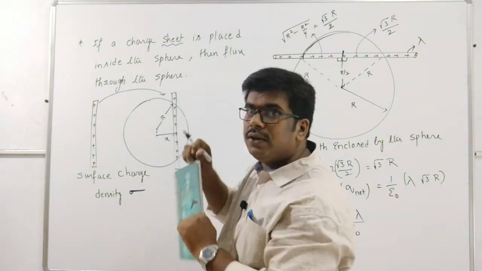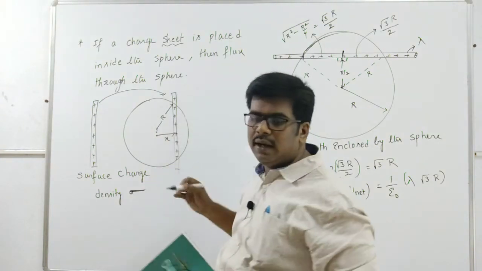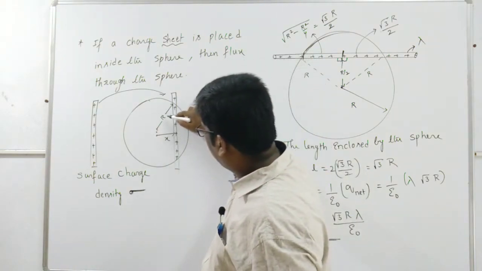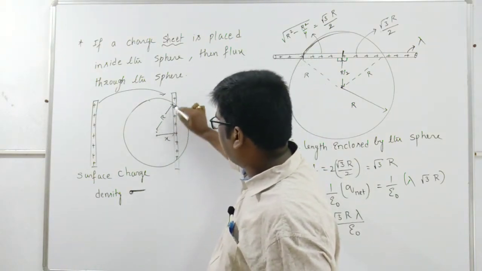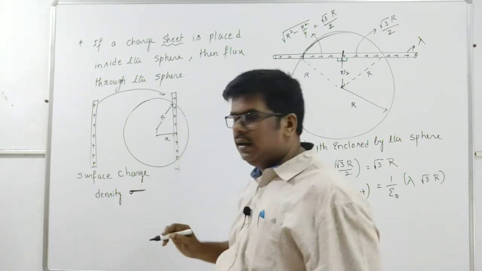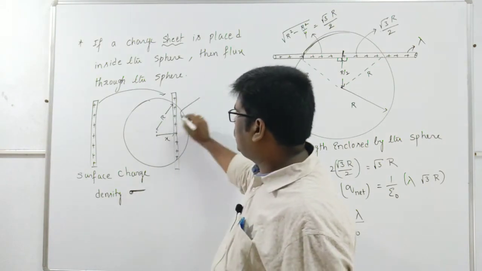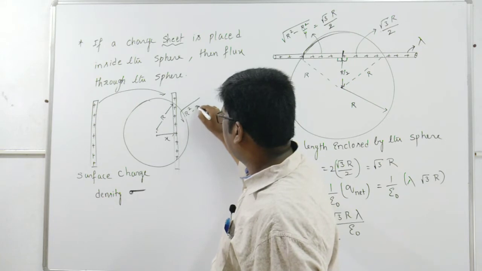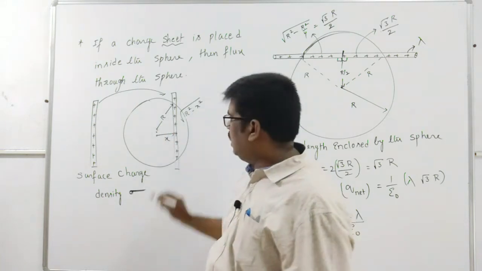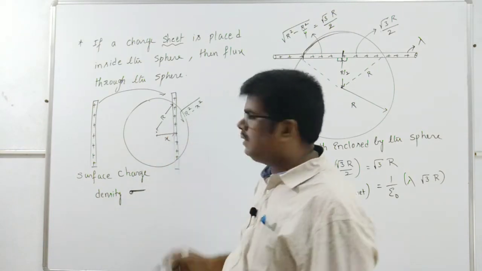Circular part means, how much radius does that sheet have inside? How can you find it here? We know this is the radius R from the center to the surface, and the location of this charged sheet is x. Then what about this one? This will be root over R square minus x square, because the radius is the hypotenuse and x is the adjacent side, so this is the opposite side, root over R square minus x square.